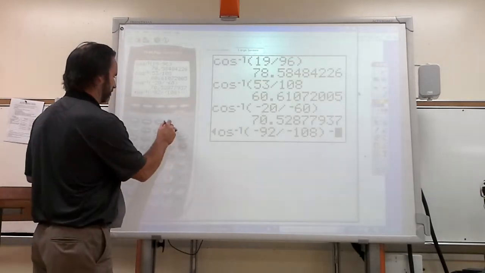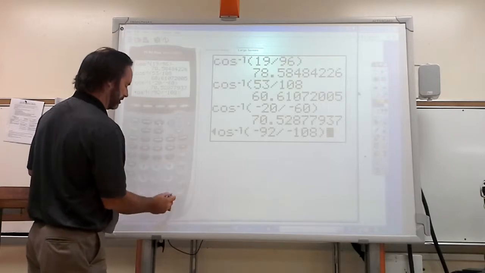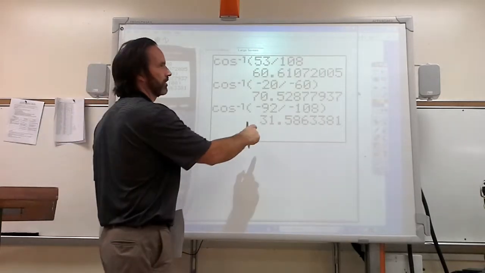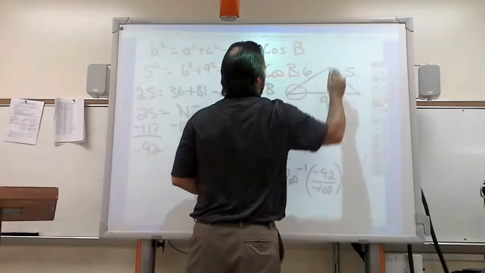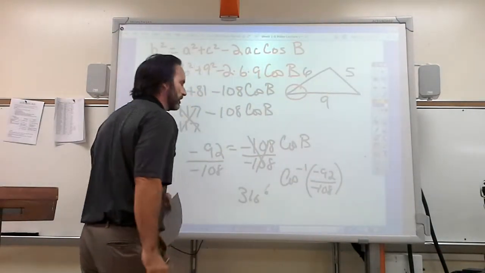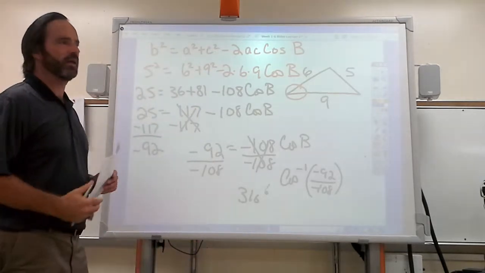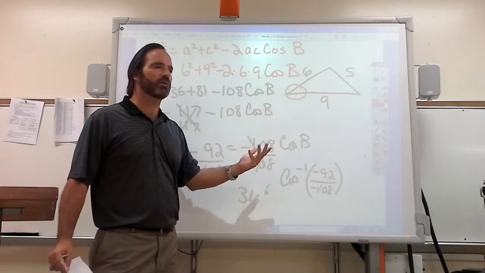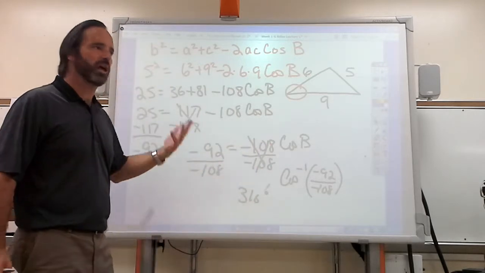Oops. Okay, 31.6 degrees. And then we can do a third angle, 180 minus those two angles, and we can do it again and check.